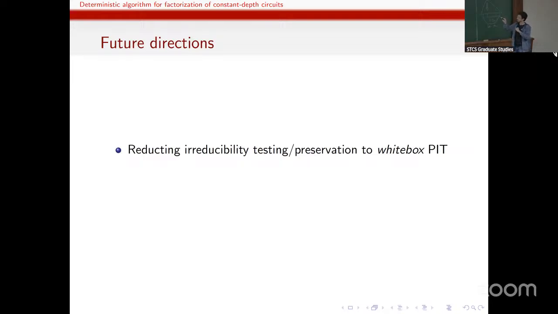Here we saw that you can reduce irreducibility testing first to divisibility and then to PIT. But there is a distinction between black box PIT and white box PIT, which maybe I can talk about offline. If you are in the algebraic complexity world, this would make sense to you, and it is an interesting question.